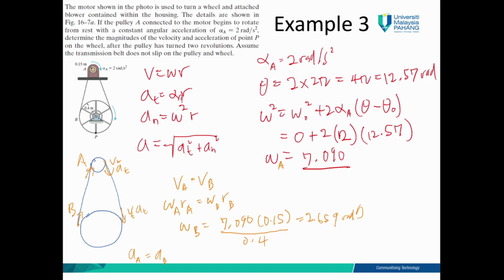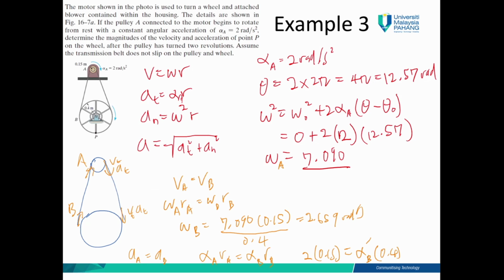So, similarly, angular acceleration for A times RA is equal to angular acceleration B times RB, which is 2 for angular acceleration A, radius 0.5, is equal to angular acceleration B times the radius 0.4.